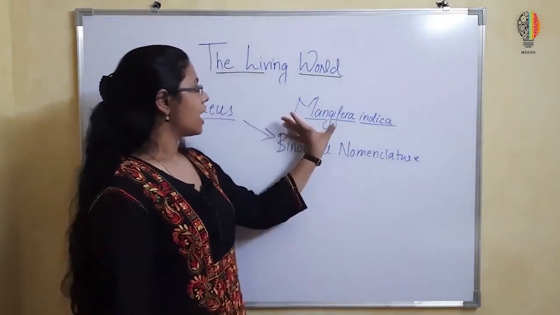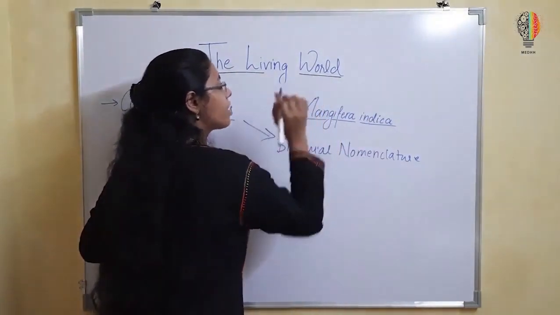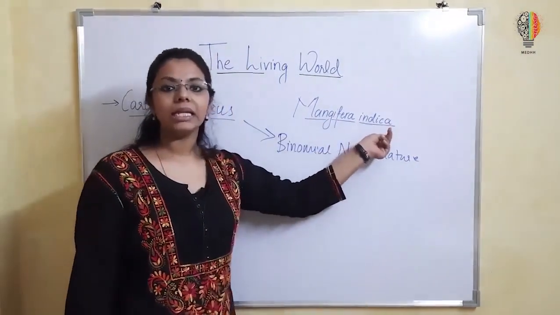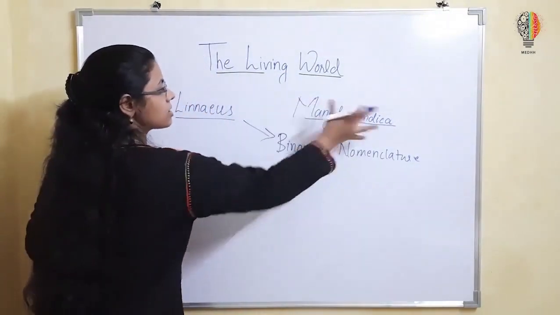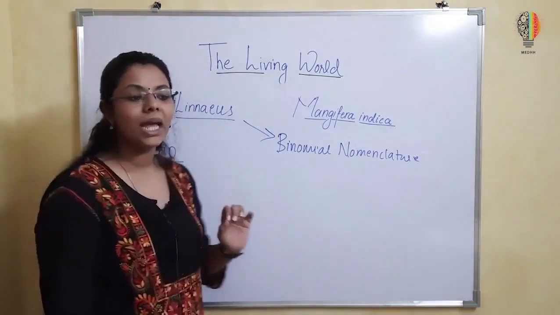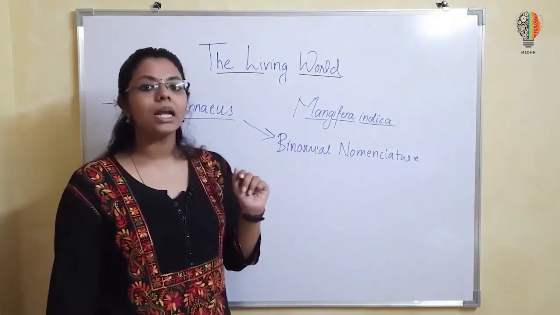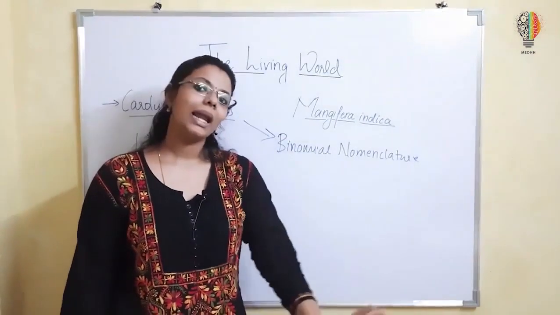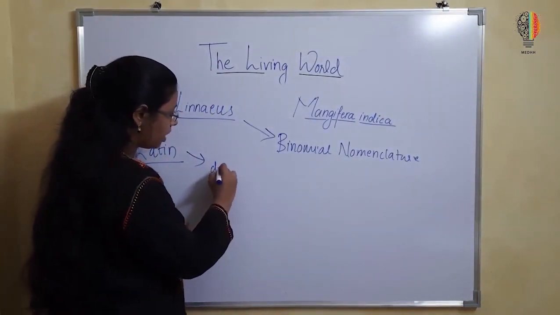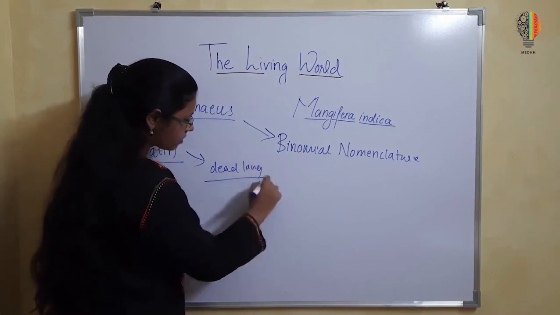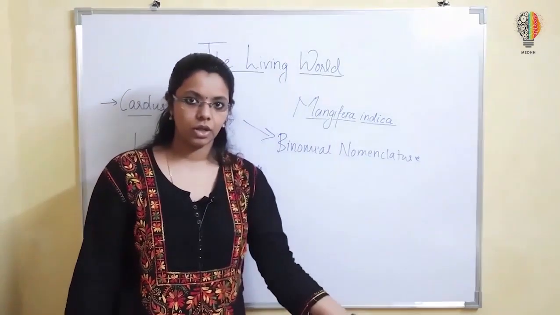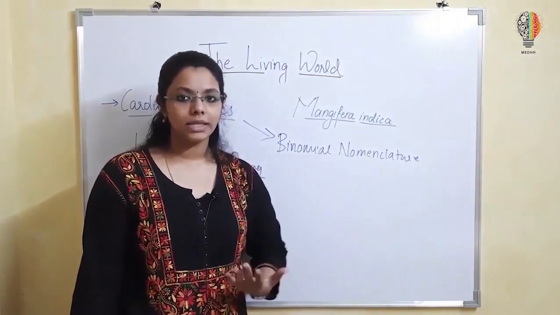I have taken the example of mango, the scientific name of mango, that is Mangifera indica. The language chosen is Latin. This is the first rule we discussed, that the names selected are in Latin. Now why is it so? Why Latin? Because Latin is considered a dead language, basically a language that won't be further modified or changed, which will make our work easier.